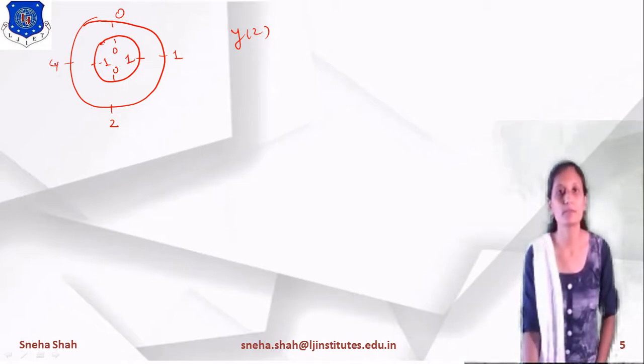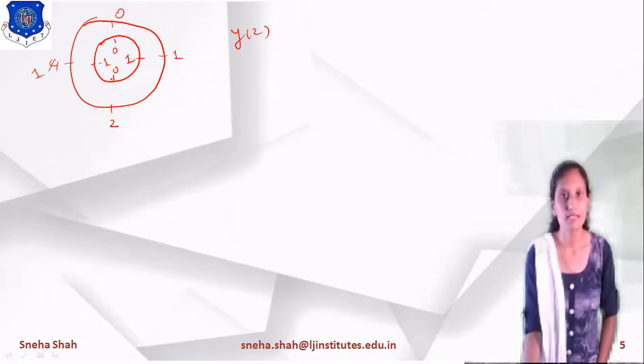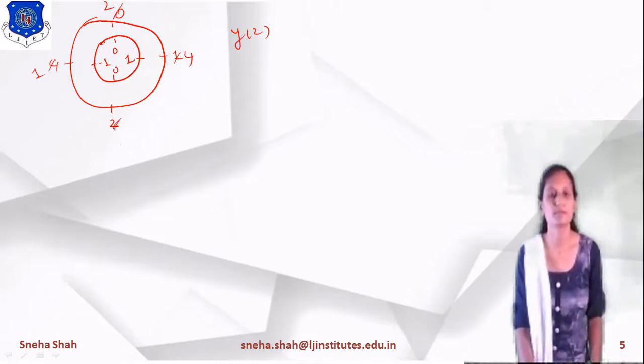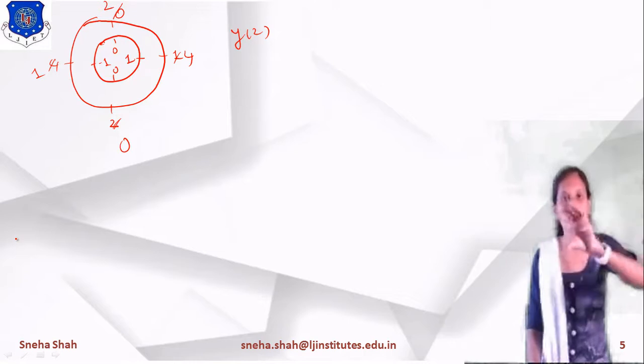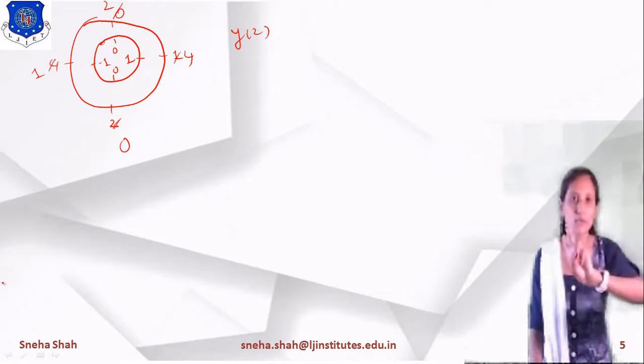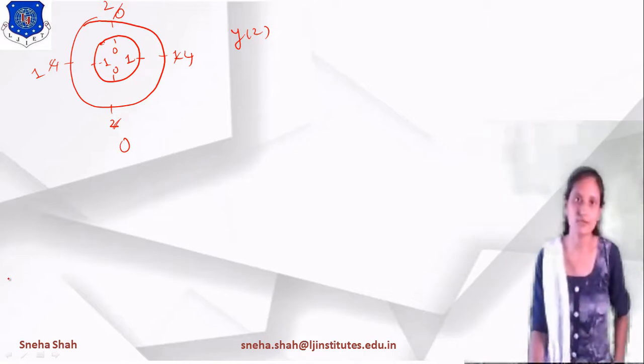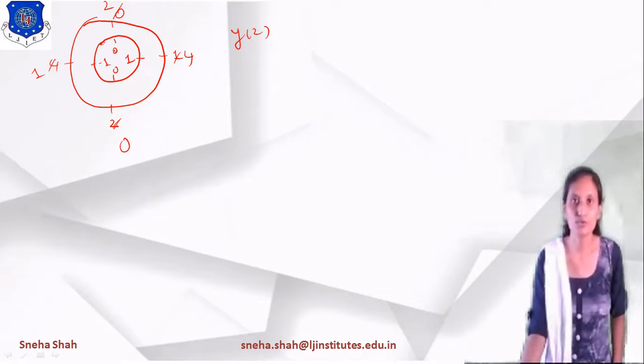So the terms will be 1, then 0, then 4, and the last term 0. So we moved the outer circle 2 times in the anti-clockwise direction. Now multiplying these 2 terms: 1 into 4 means 4, 0 into any term means 0, minus 1 into 1 means minus 1, 0 into 0 means 0. So the overall answer is 4 minus 1, which means 3.